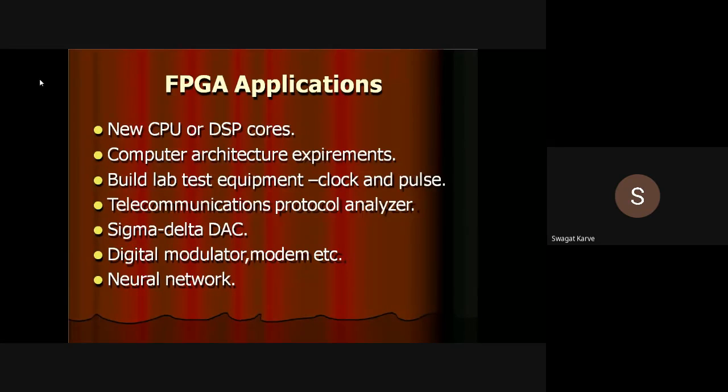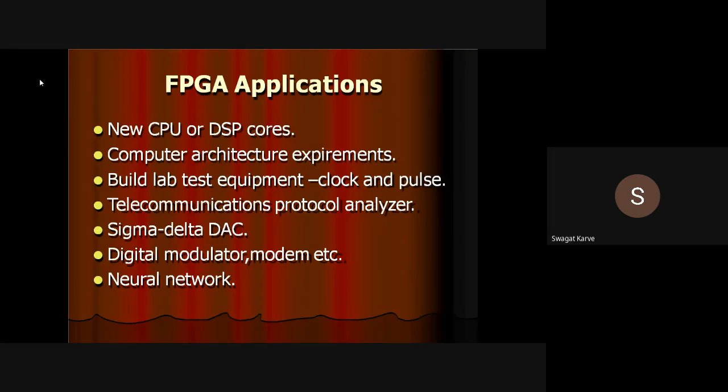Then sigma delta digital to analog converters, and telecommunication protocol analyzers. A protocol analyzer is a device like your digital oscilloscope, and in that you can find one or more FPGAs. Then digital modulators, modems, neural networks.